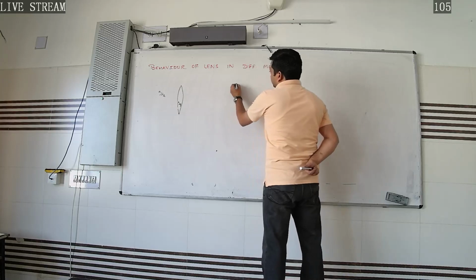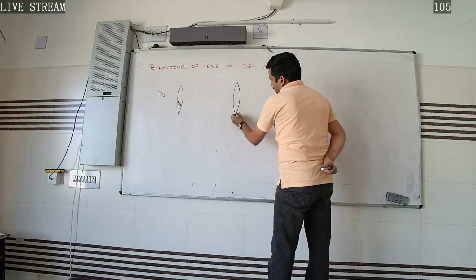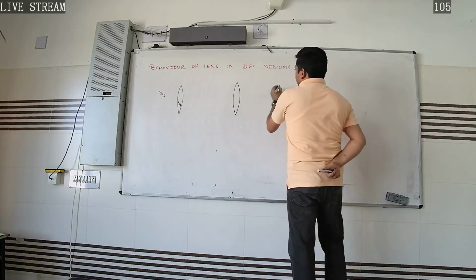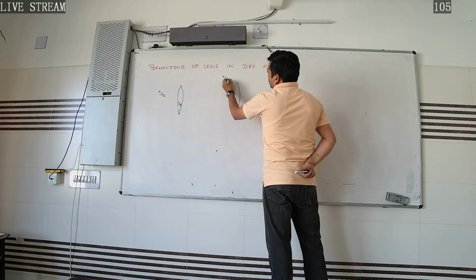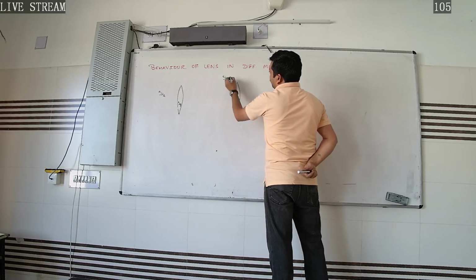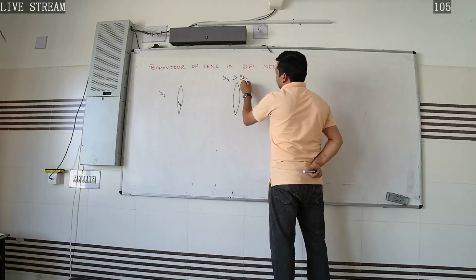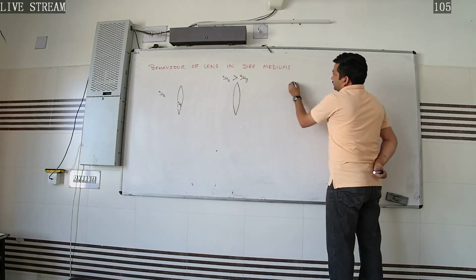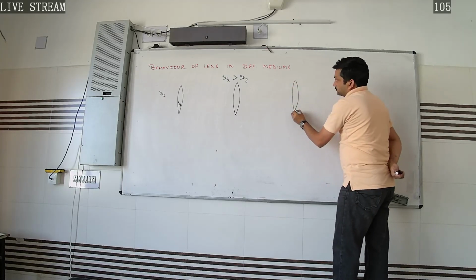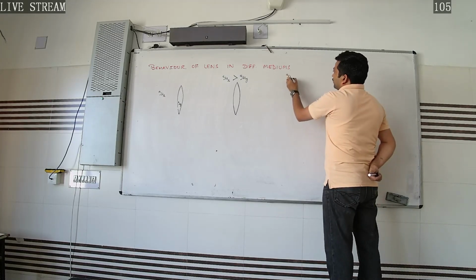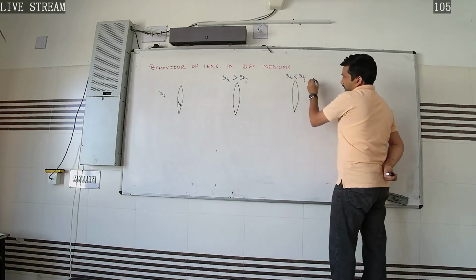In the second case, aμl, the refractive index of the liquid, is greater than the refractive index of glass. And in the third case, the refractive index of the liquid is smaller than the refractive index of glass.